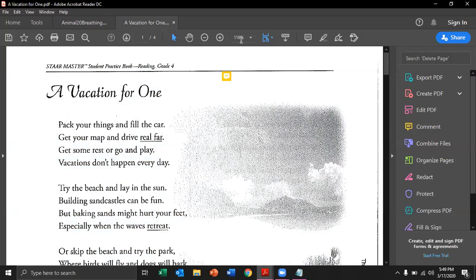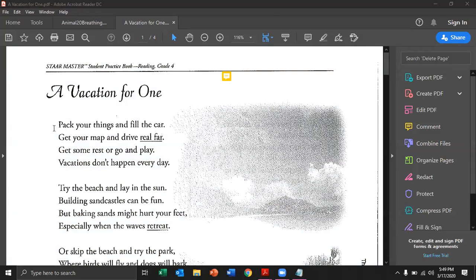And then the lines, we're going to number them. 1, 2, and so forth.